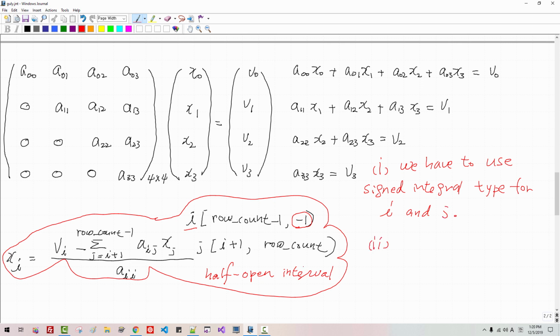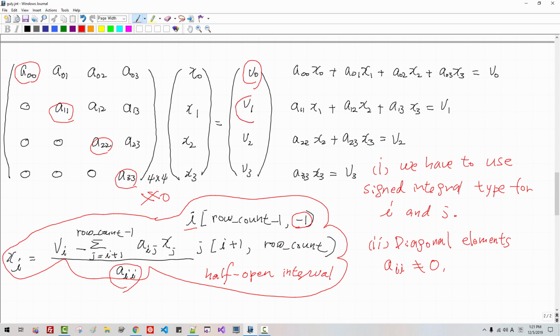Second, this is division by a diagonal element. So these diagonal elements should not be 0. Diagonal elements aii should not be 0. Also, we can recycle these variables for xi.